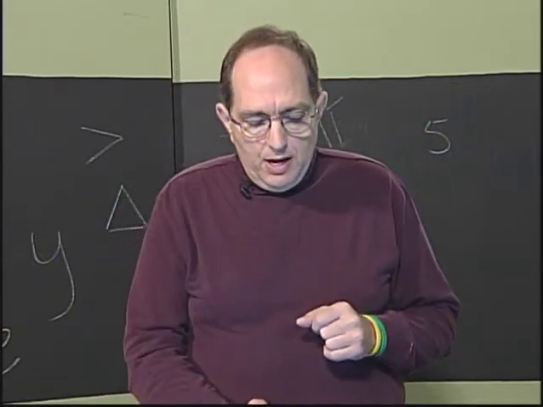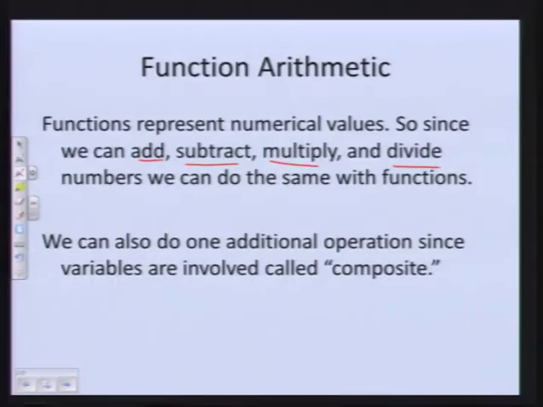Now, the second thing I had on the slide is there is one additional operation because they're functions. We put things in for the variables, which means we can do something called the composite of two functions. It will have a symbol for it, where add and subtract and multiply and divide have symbols that signal those.